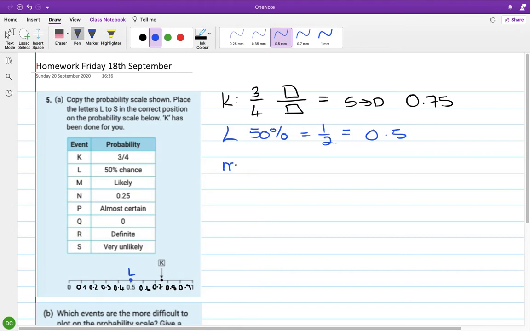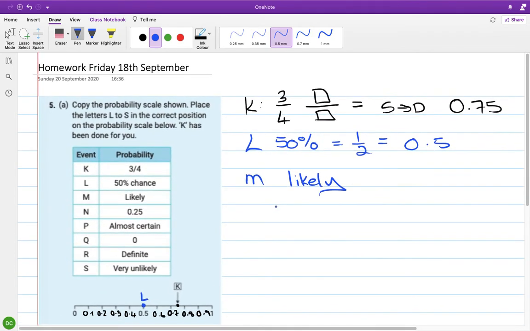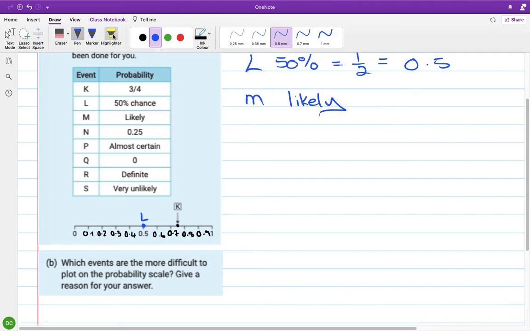M, likely. Likely is trickier because there's no actual number, but likely should be up here somewhere. If you put it anywhere in that section, that's fine.